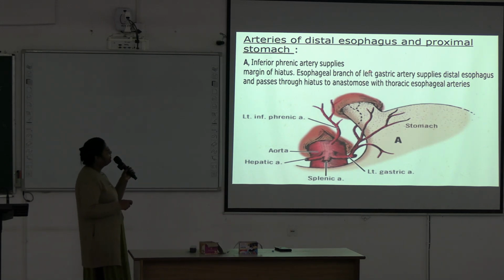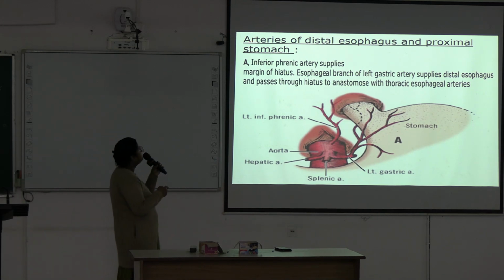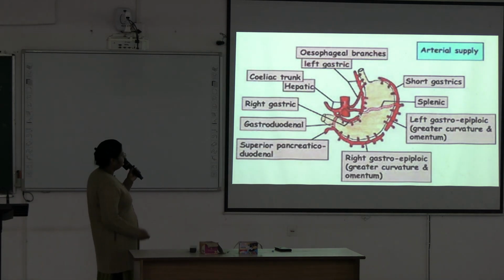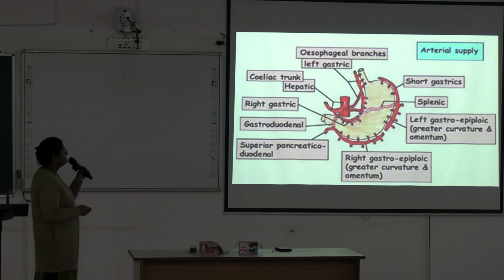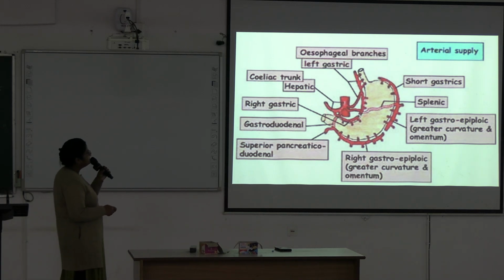The esophageal branch of the left gastric artery supplies the distal esophagus and passes through the hiatus to anastomose with the thoracic esophageal arteries. Okay, so this is the supply of the distal esophagus and proximal stomach. Next, these are the branches. Schematic representation: celiac trunk, from the celiac trunk left gastric artery, splenic artery, and common hepatic.